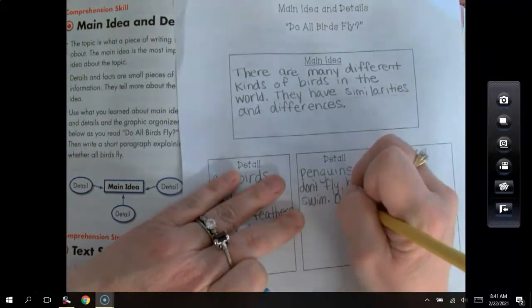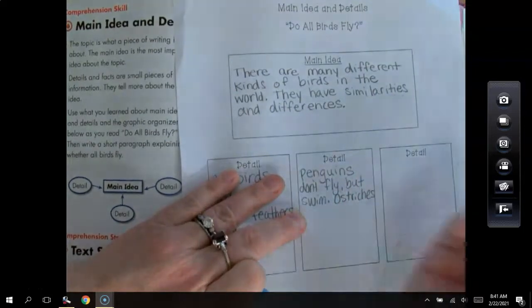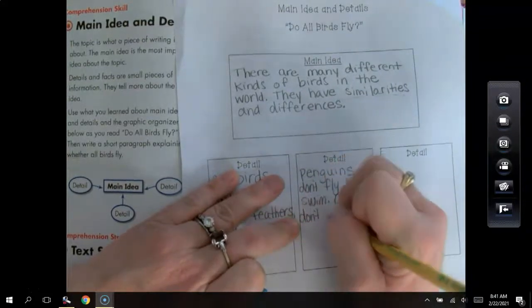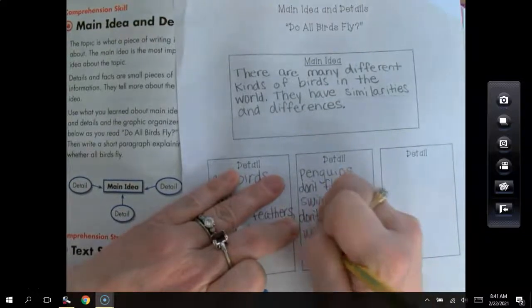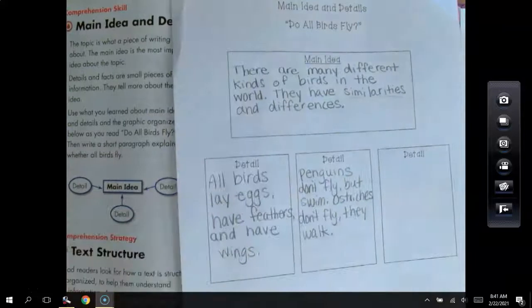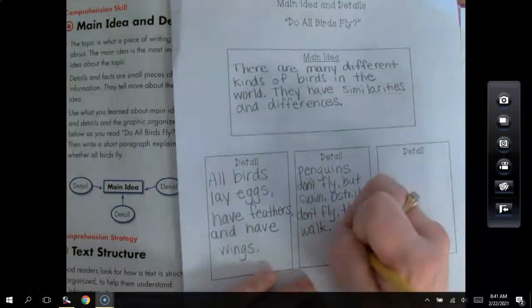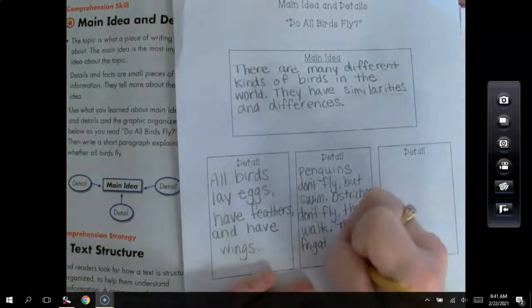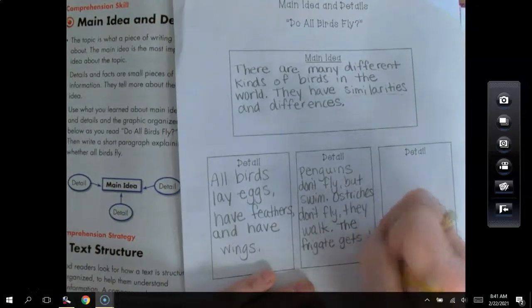Ostriches, what do? They don't fly. They walk. Okay, but what bird flies? The frigate, exactly. The frigate gets to places by flying.